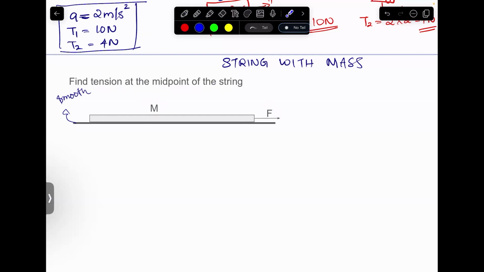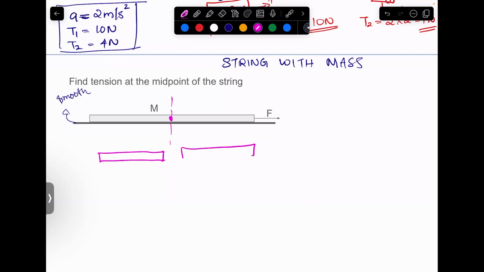So how to find the tension at the midpoint? This is the midpoint of the string. You do one thing: just break this off, not physically. You assume that you are breaking the string at the midpoint. Now you will get two pieces of the string.